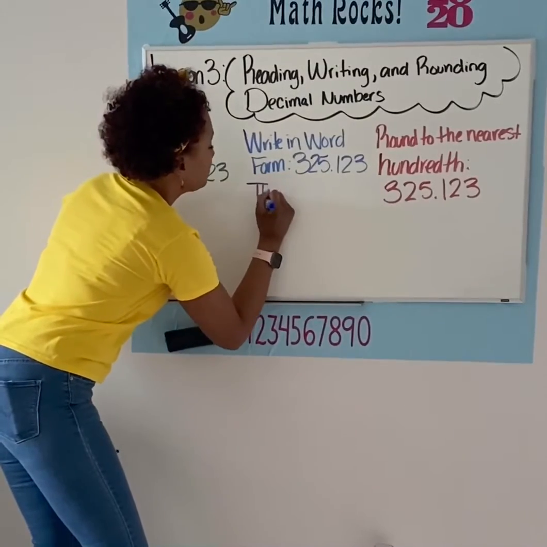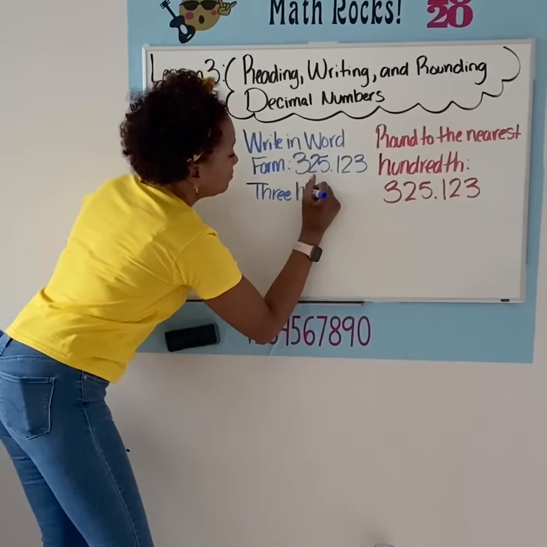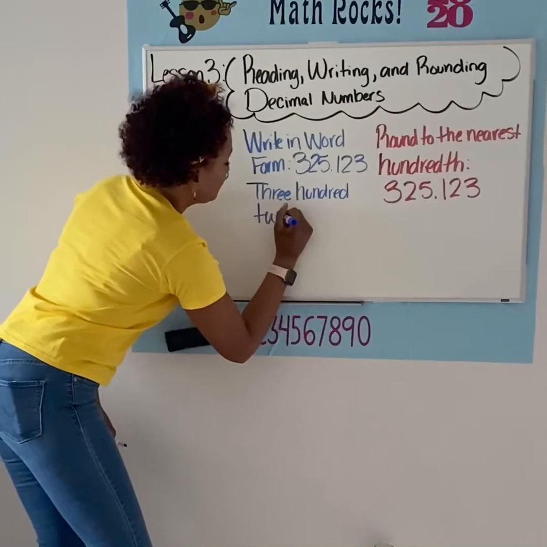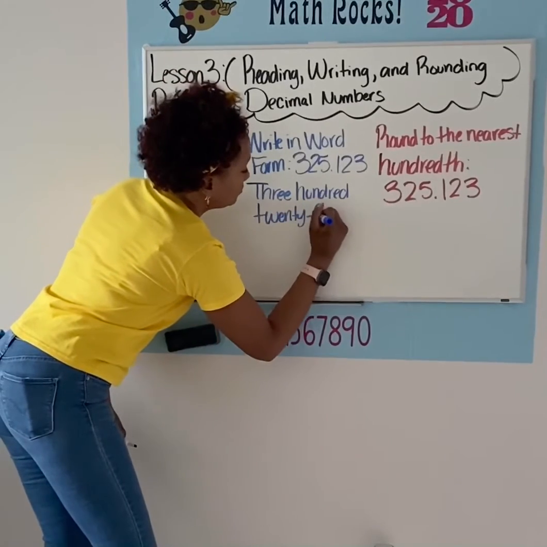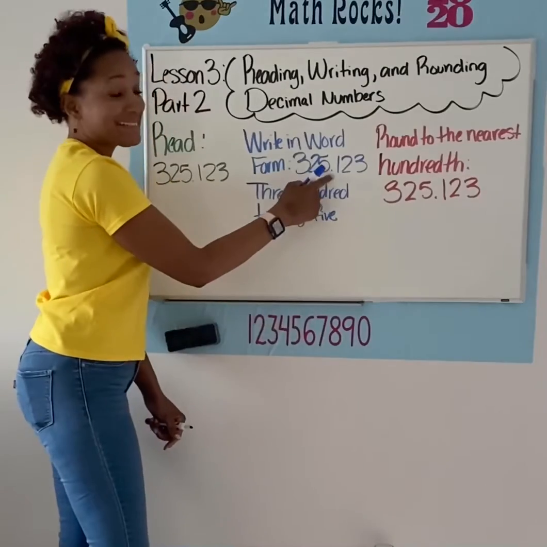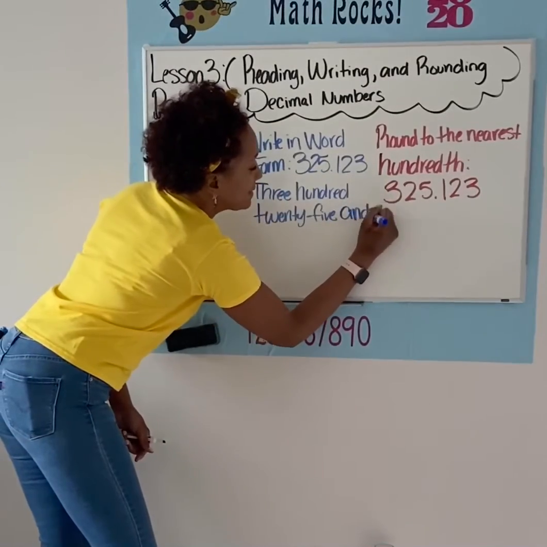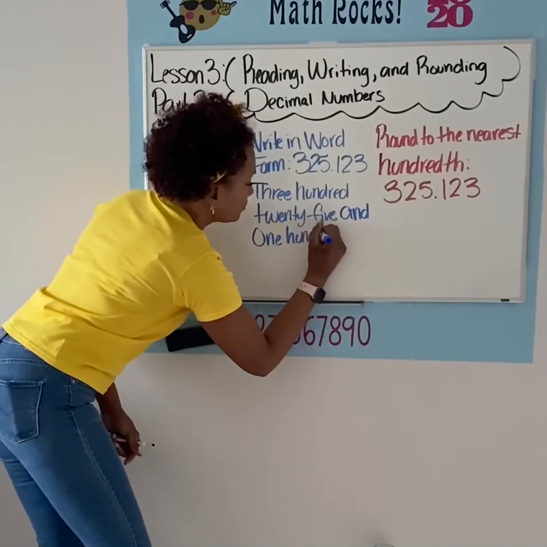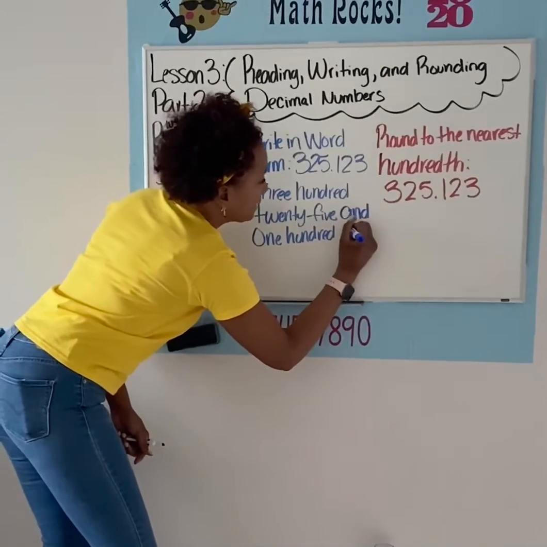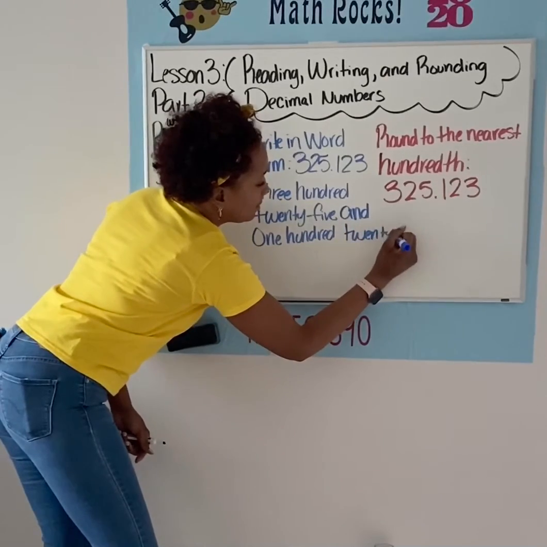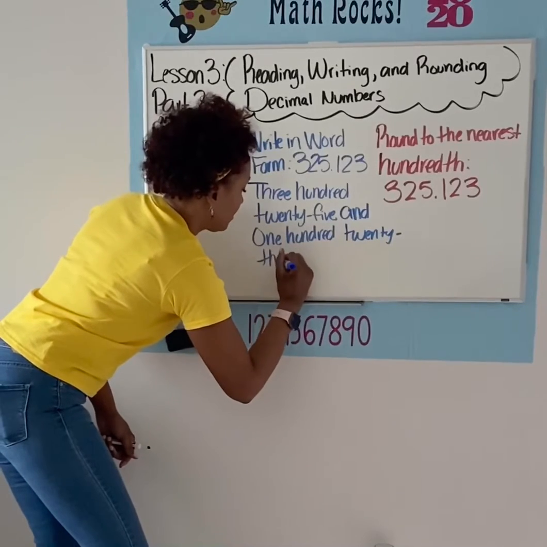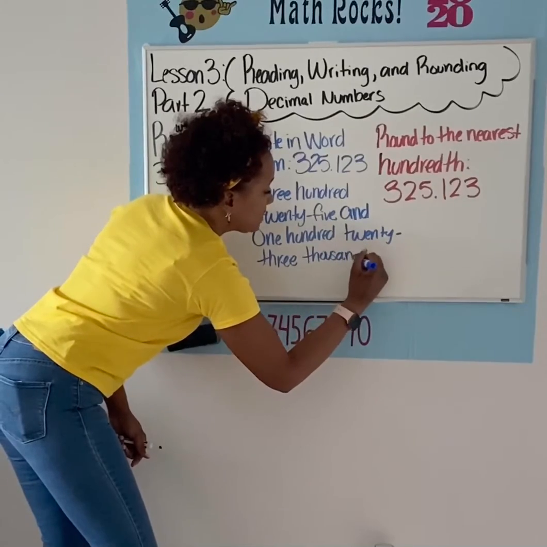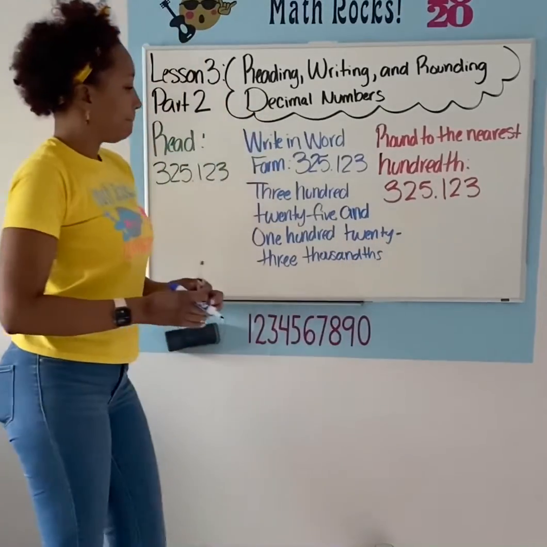So 325 and, because our decimal means and, 123 thousandths. And remember, thousandths ends with THS because it's part of a number.